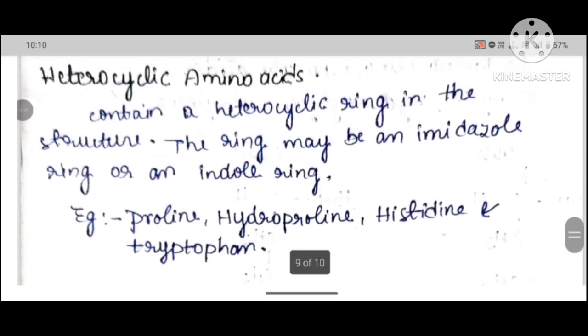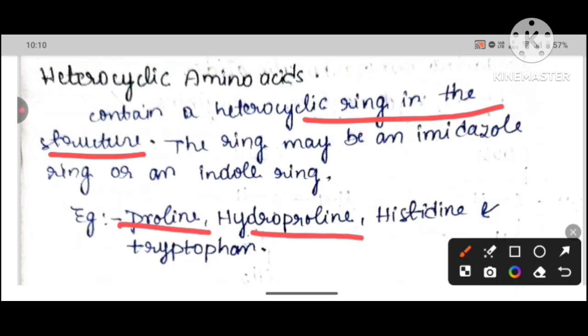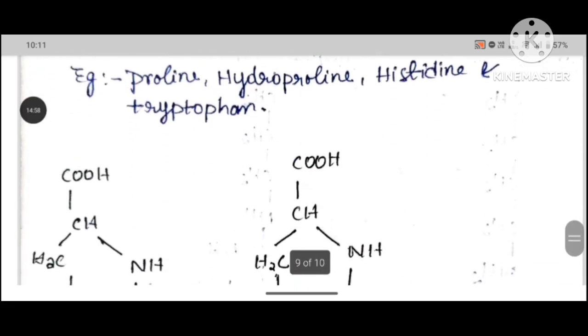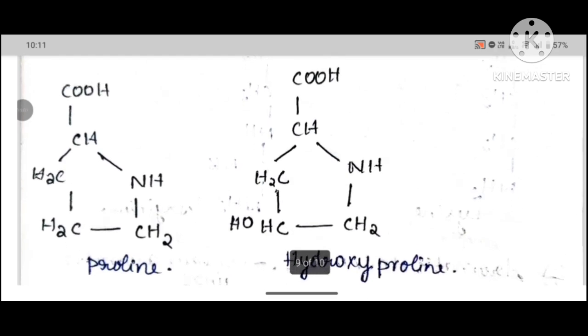And next, heterocyclic amino acids. These amino acids contain heterocyclic rings in the structure, and the ring may be an imidazole ring or an indole ring. The examples are proline, hydroxyproline, histidine, and tryptophan. These are two examples of structures having heterocyclic rings, proline and hydroxyproline.